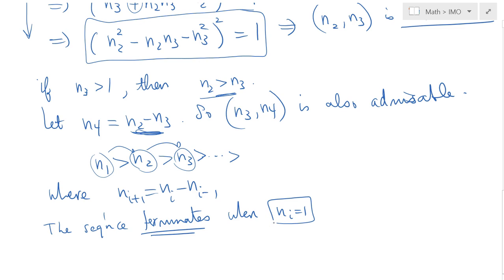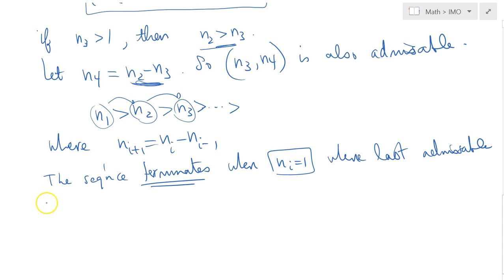But then, if that's the case, we can work ourselves backwards, right? So if n sub i is equal to 1, that means that we have an admissible pair, the last admissible ordered pair is n sub i minus 1, 1, where n sub i is just 1.